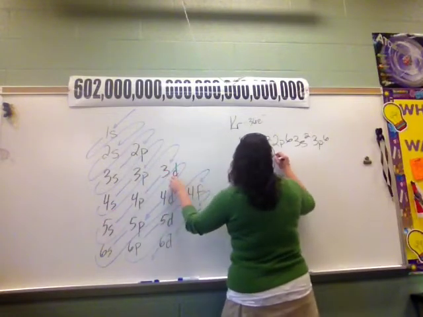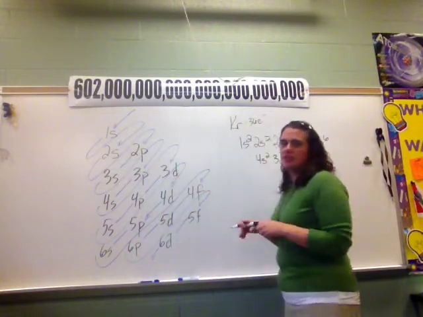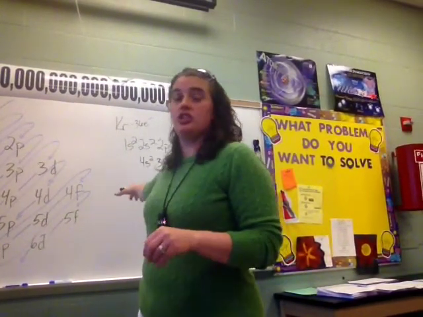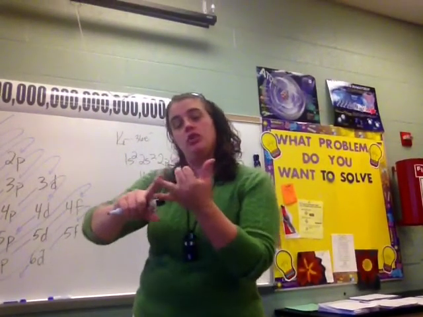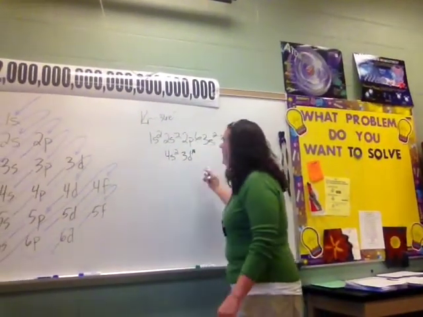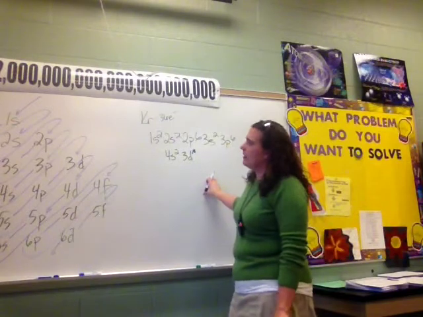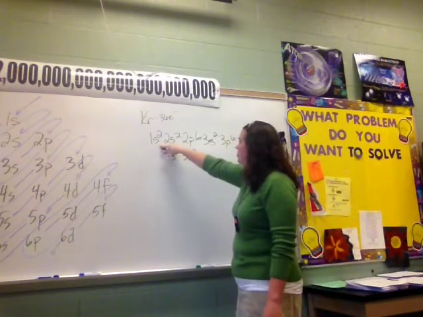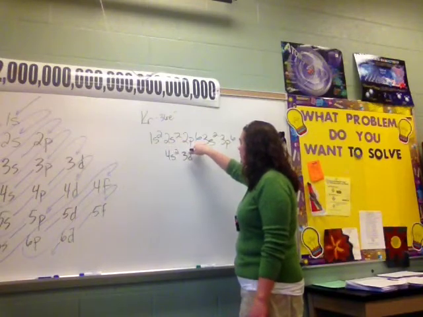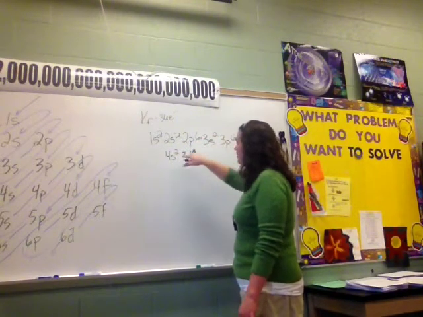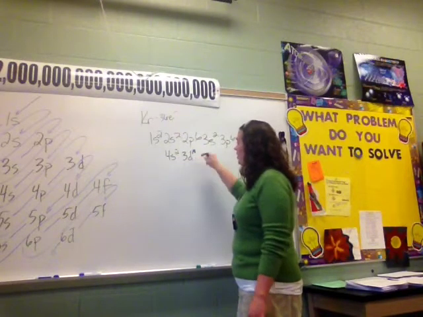curl back around, 3d. How many electrons go in the d orbital? Remember, I actually just erased it up there. The s was 2, p was 6, d was 10. 10. Now, I'm actually going to stop there and see how many we got. Okay, so 2 plus 2 is 4, plus 6 is 10, 12, 18, 20, 30.